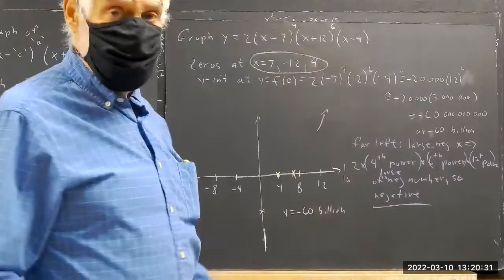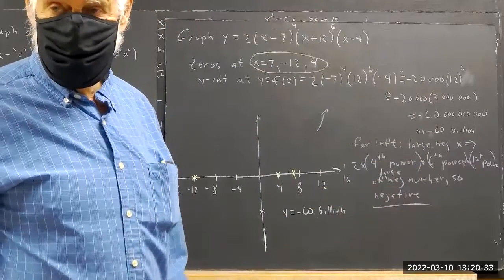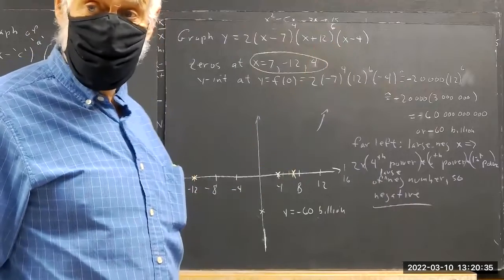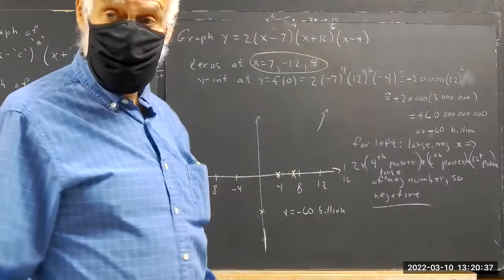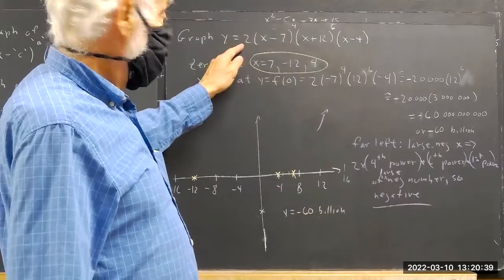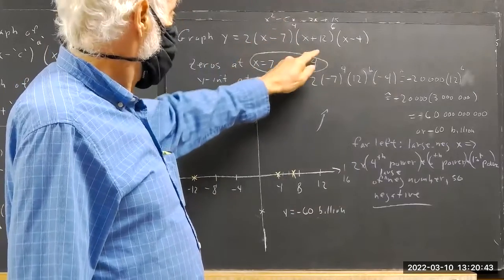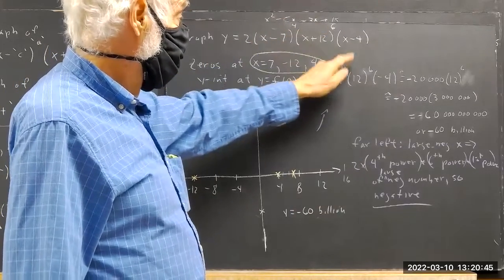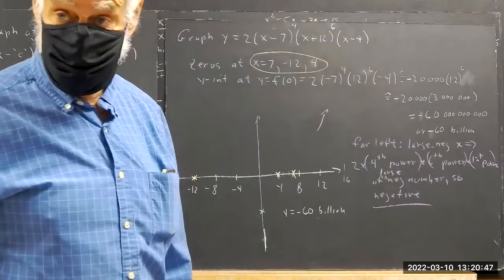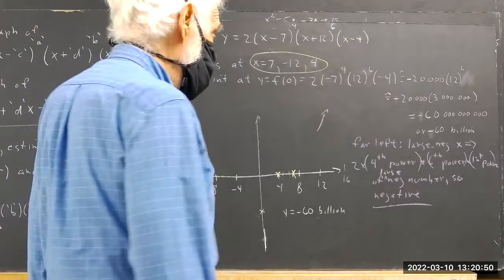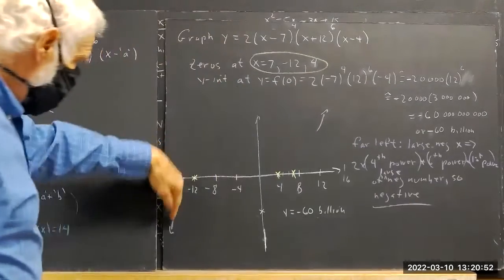This one to the sixth, which gives an even larger, enormously larger positive number. But x minus 4 is still negative. So we have a positive number 2 times a negative number to the fourth, which is positive, times the positive number here times a negative number here. Okay? So it's negative, so that's what we indicate here.